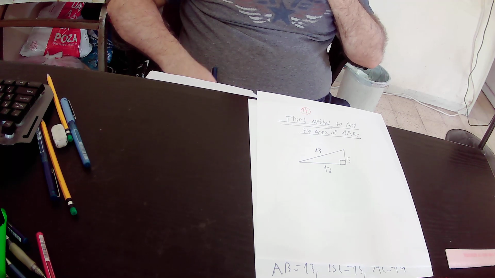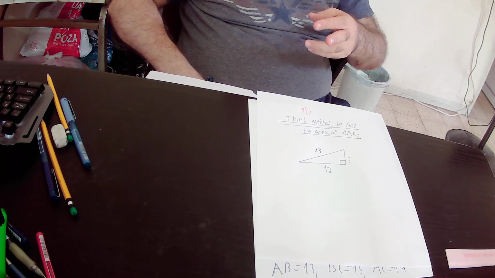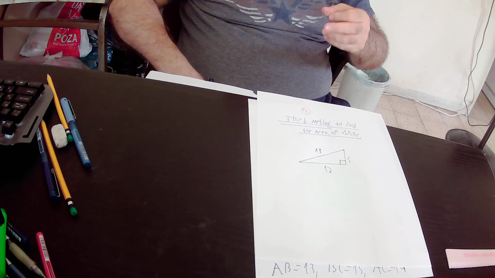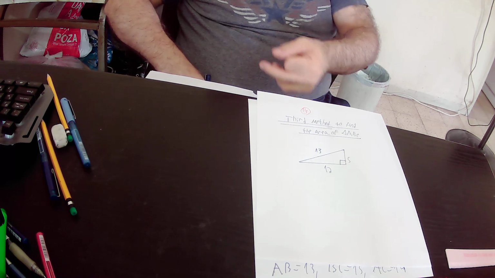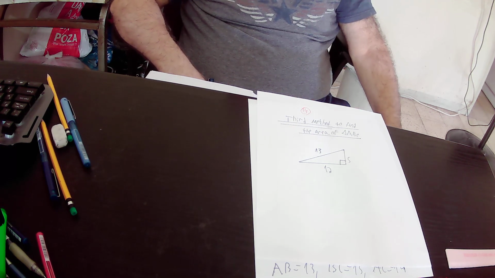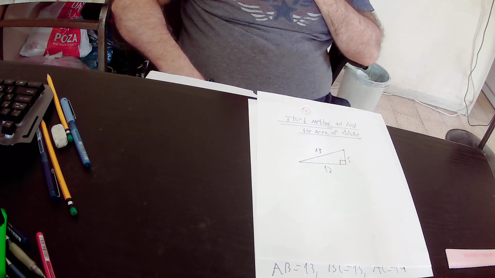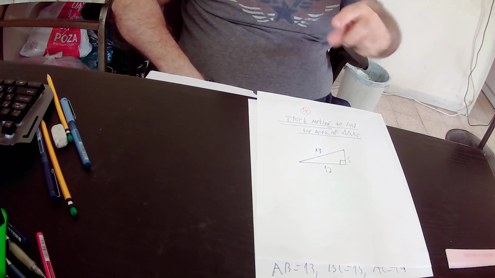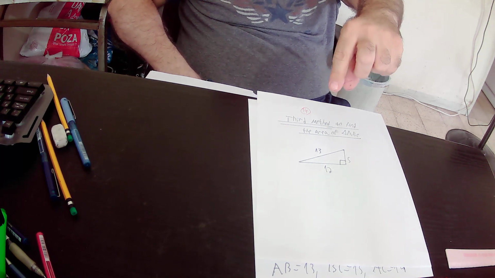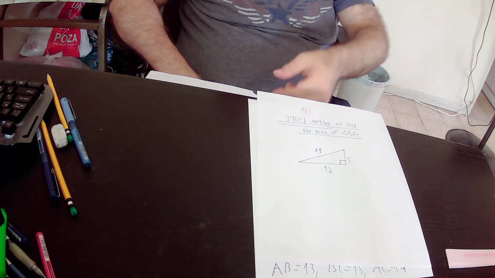and this is actually a right triangle because it obeys the Pythagorean theorem. The Pythagorean theorem states that the square of the hypotenuse equals the sum of the squares of the perpendiculars, that is to say 13 square equals 12 square plus 5 square.